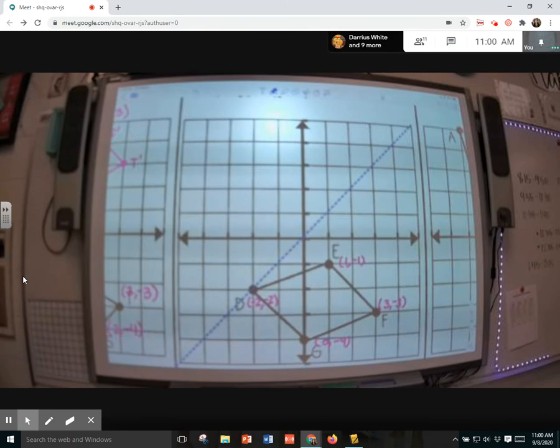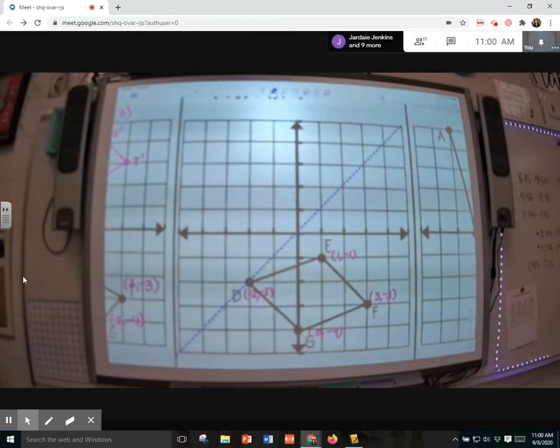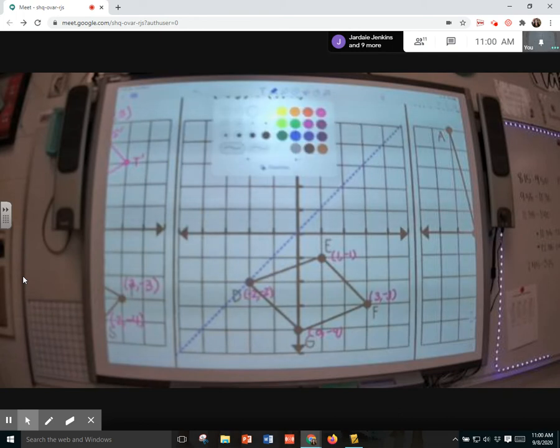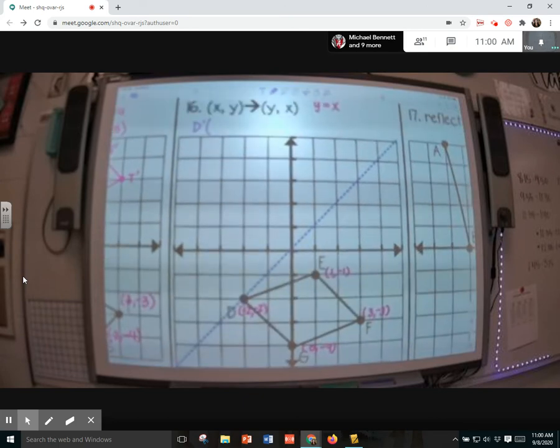So when I have my new points, they should be reflecting perfectly over that line. So D prime, I'm going to switch their places, and that's just still going to be at -2, -2.